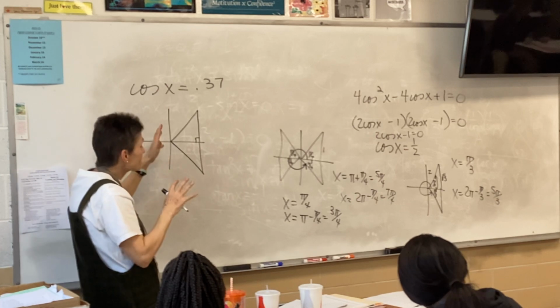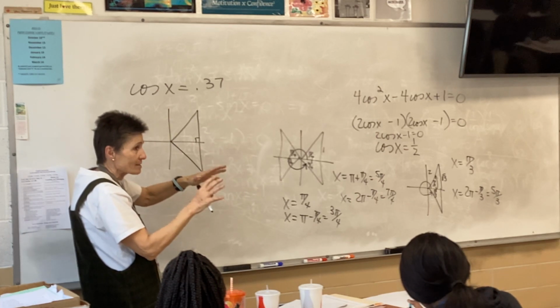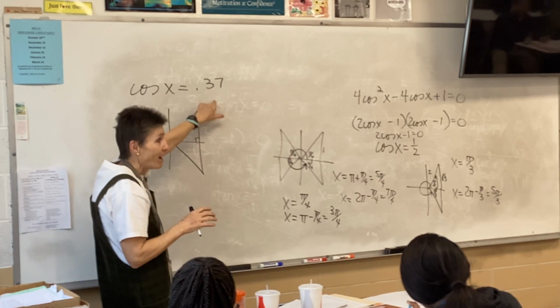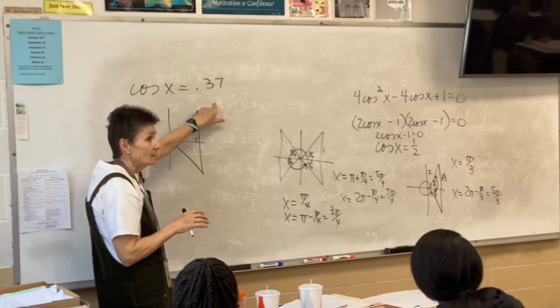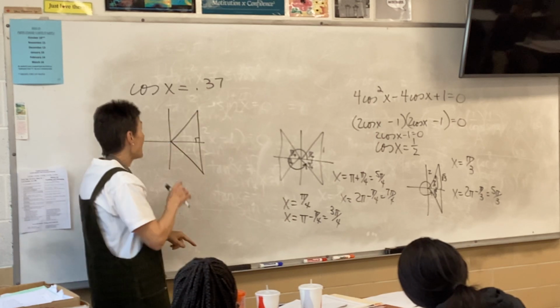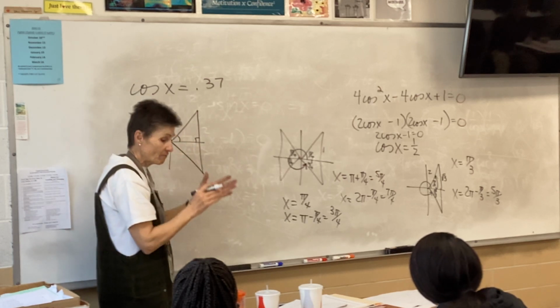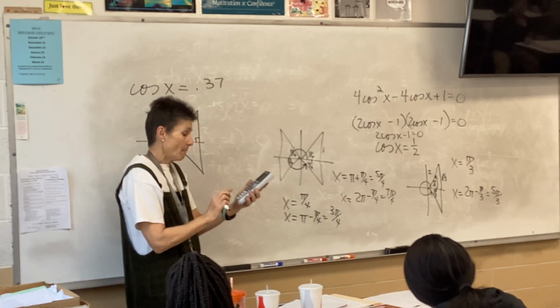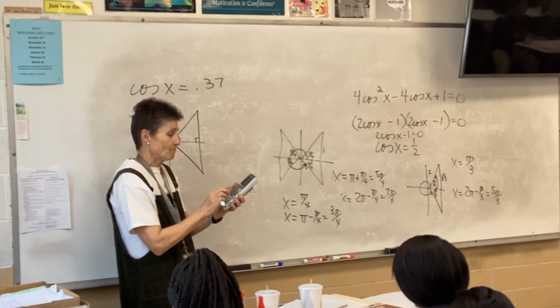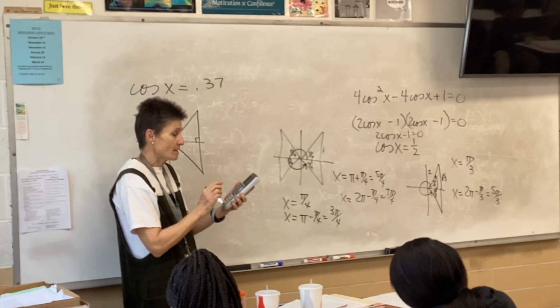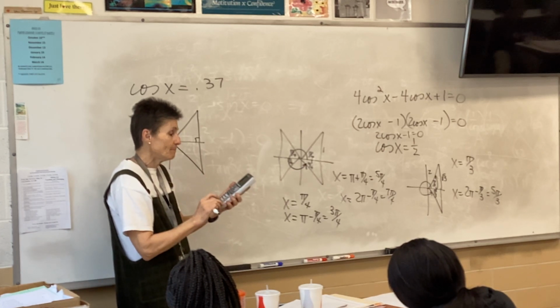Alright, so cosine is x. X is positive in 1 and 4. Now, I have no idea what this angle is, but I'm going to find it on my calculator by pressing what buttons? Second cosine, 0.37.